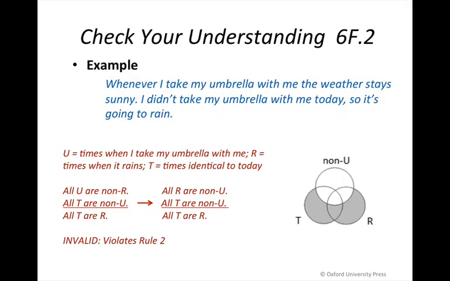We diagram all R are non-U, all T are non-U, and we find that the conclusion, all T are R, does not bear out, and that's because, as you know, if the argument were valid, area 2 would also be shaded, but it's not.